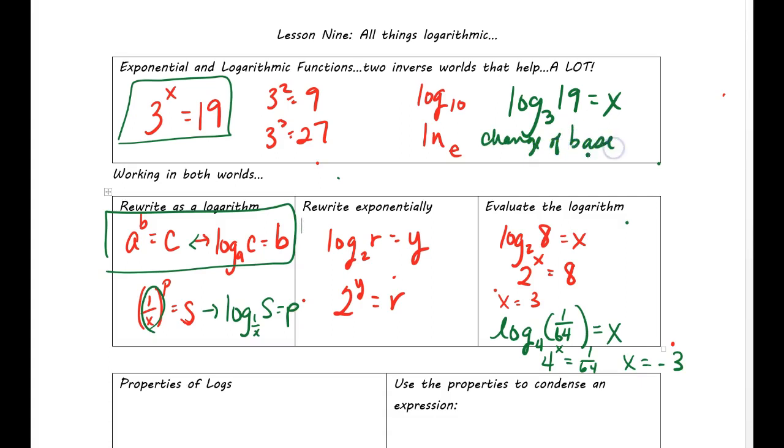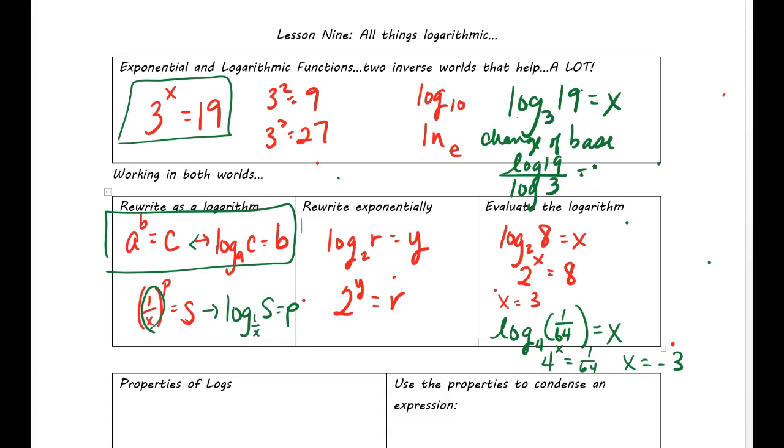What you do is take whatever's here originally and type it in as log of the second number, 19, divided by the log of the base. That is going to give you the answer in the calculator. It changes your problem to base 10 so that you can just type it in, and just make sure you close that parenthesis when you do it.